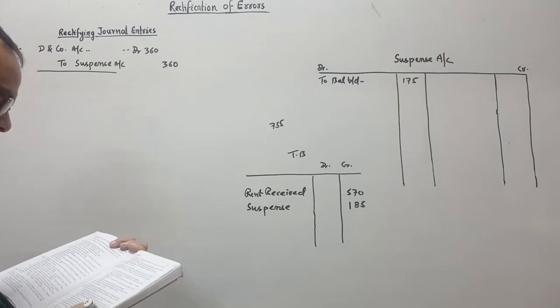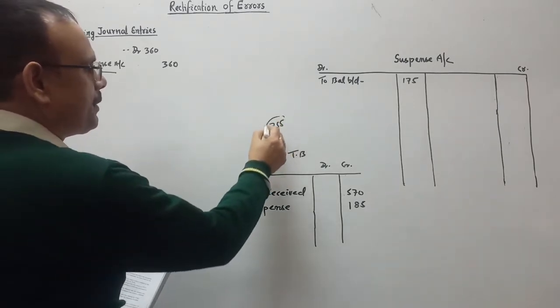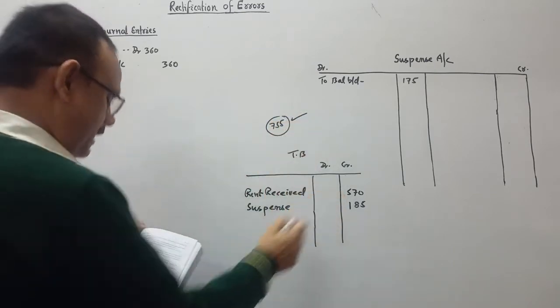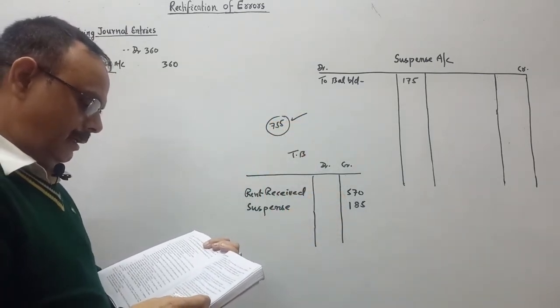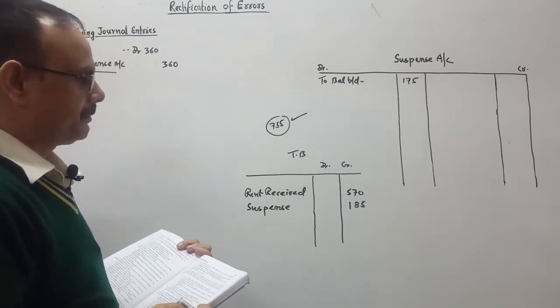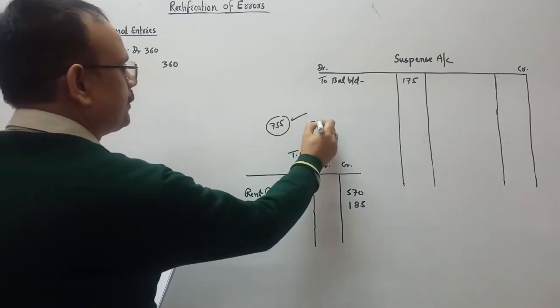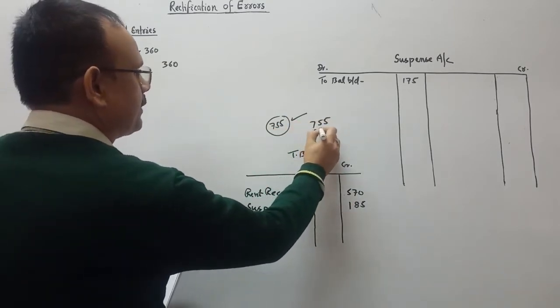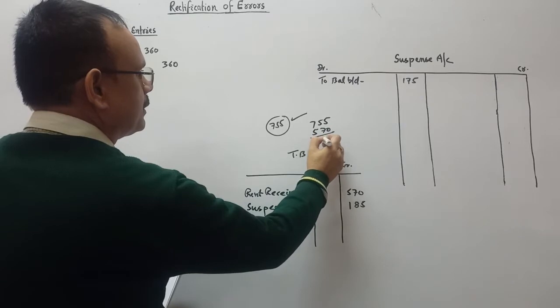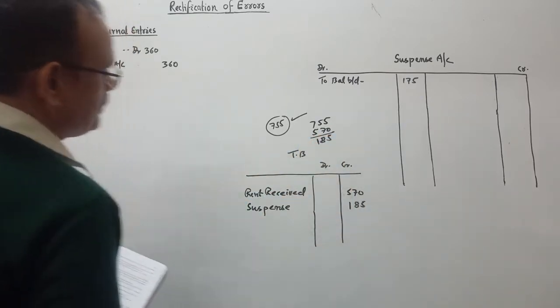Is it clear? A credit balance of 755 should have been the credit balance, and instead it was shown as 570. So it is less by how much? The difference is 755 minus 570, so it is 185. So 185 is on the credit side of the suspense account.